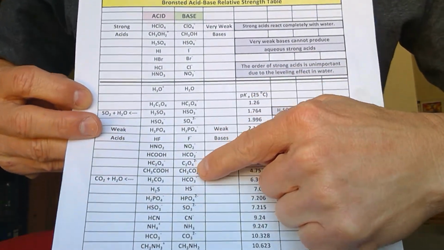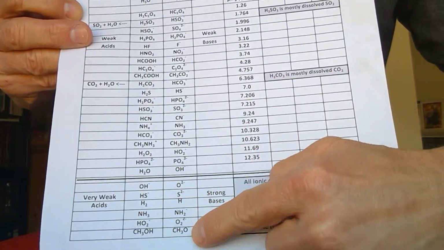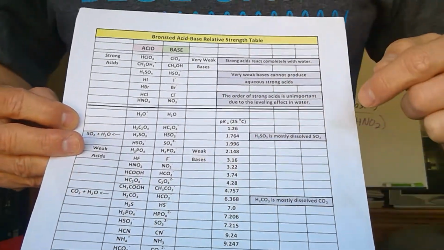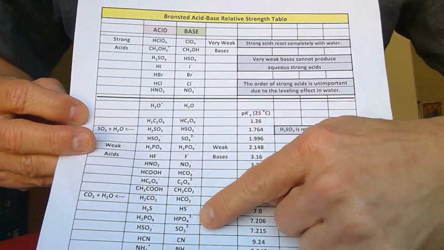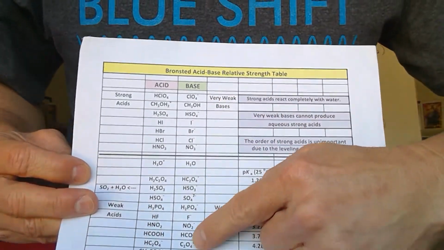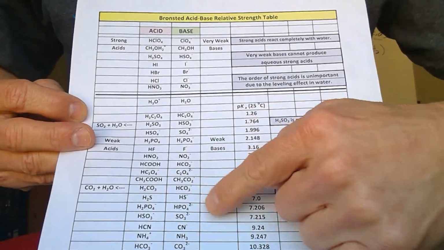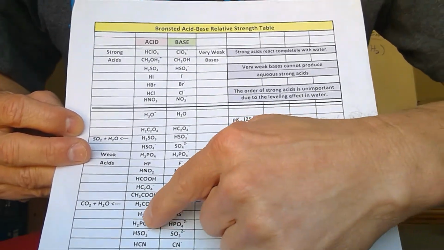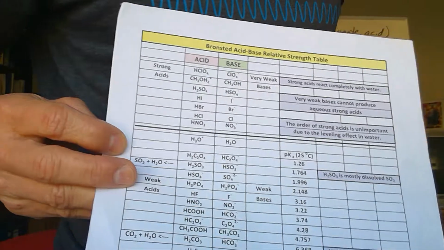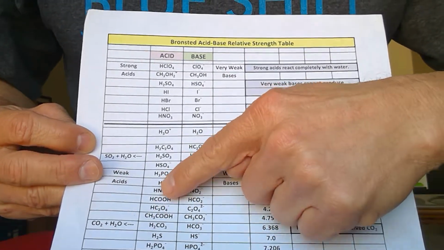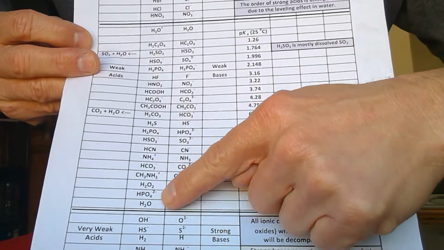They get stronger and stronger until you get to the bottom, and we got our very strong bases down here. So if I take a weak base, any of these weak bases right here, its conjugate acid is over here. Once it reacts, it's going to form its conjugate acid. These conjugate acids are above water.